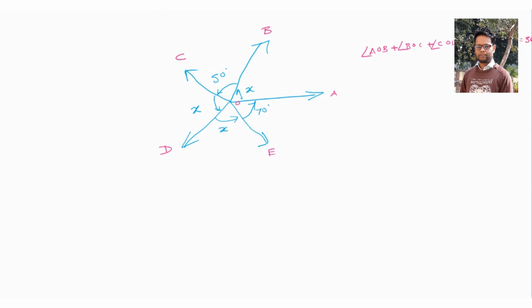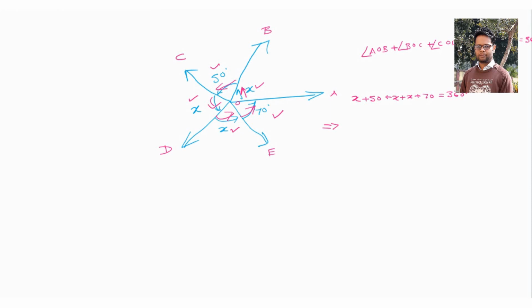That means this angle plus this angle plus this angle plus this angle plus this angle is equal to 360 degree. Now what will happen? X plus 50 degree plus x plus x plus 70 is equal to 360 degree.